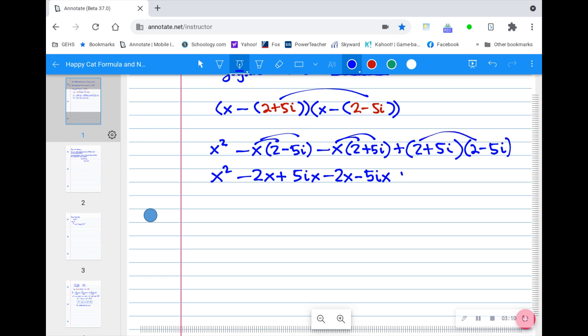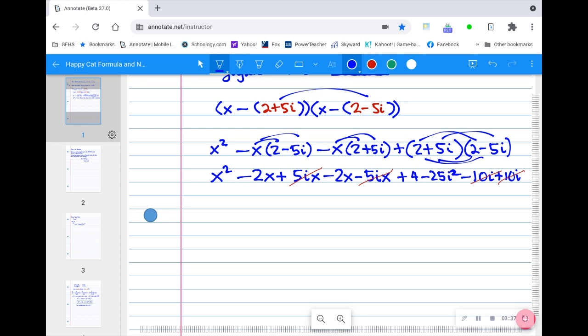I'll do first times first, last times last, before I pick up the outside and the inside. So here it's minus 10i on the outside and plus 10i on the inside. Now you may have noticed already that there's some stuff that cancels. These two terms cancel, and those two terms on the end also cancel out.